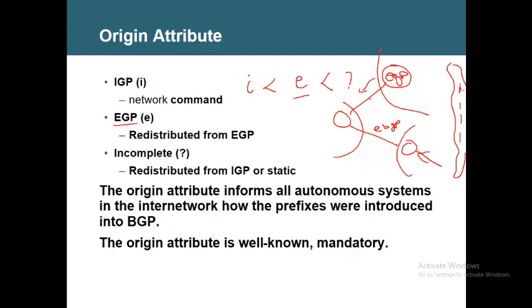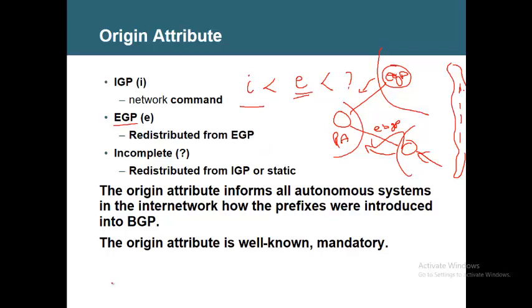IBGP is also giving it, EBGP also giving it. In both, we advertised using the network command. So router A will accept only this as the primary path because I is preferred over E. Smaller is preferred over E.